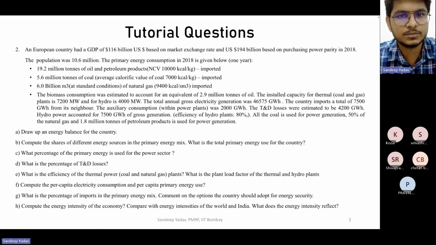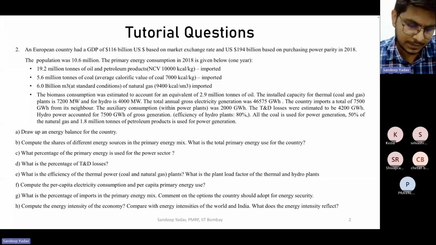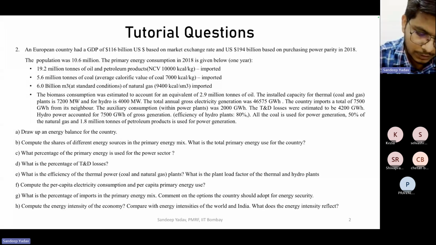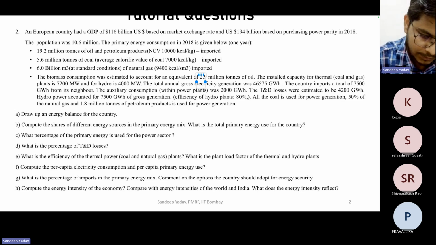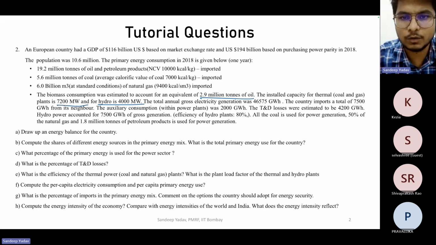The primary energy consumption in 2018 is already given: the million tons of oil and petroleum product imported, the coal imported, the natural gas imported. Based on that, the biomass consumption was estimated to be equivalent to 2.9 million tons oil equivalent. The installed capacity of thermal coal power plants is given, hydro is given, and the total annual gross electricity generation is given already.